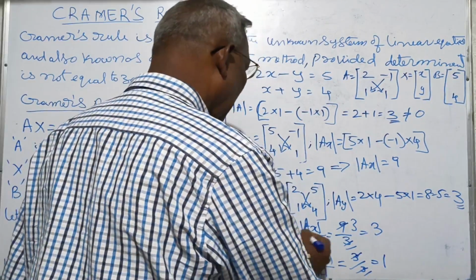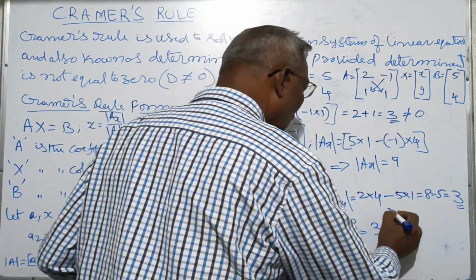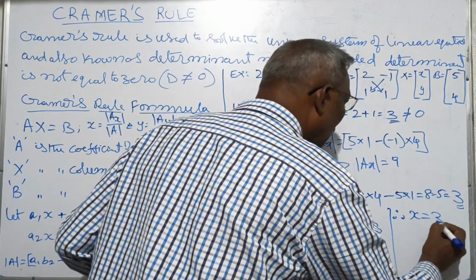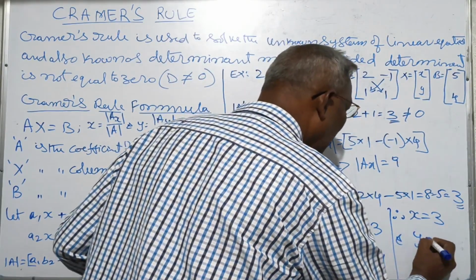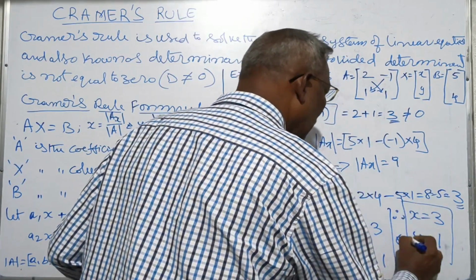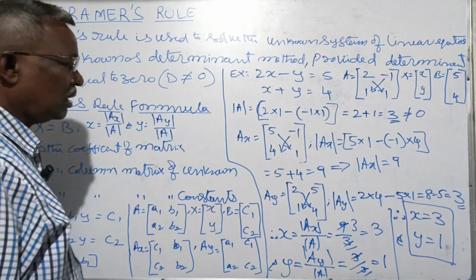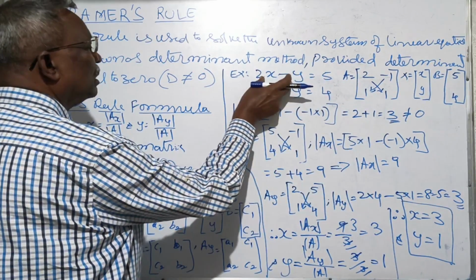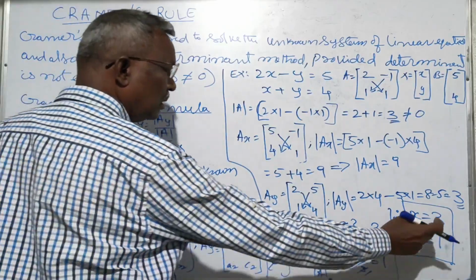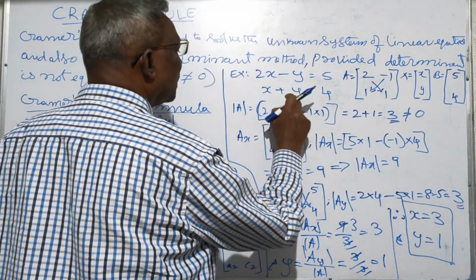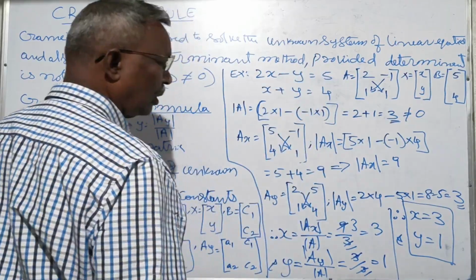So therefore x is equal to 3 and y is equal to 1. These are the values. If you want, simply you can substitute the values here and check it. X plus y, 3 plus 1 is equal to 4.